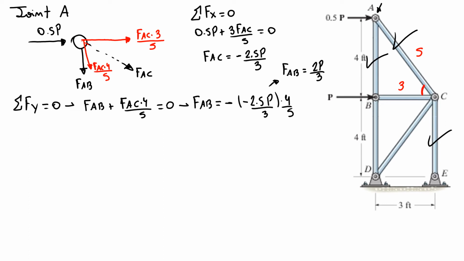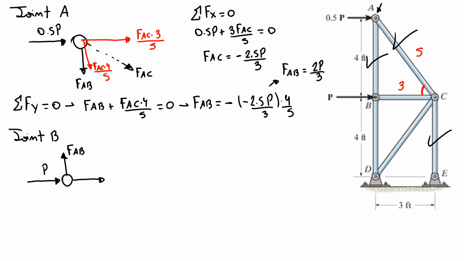Now we can go to joint B. So joint B, I have here our FAB that we just discovered. Here is our P load.